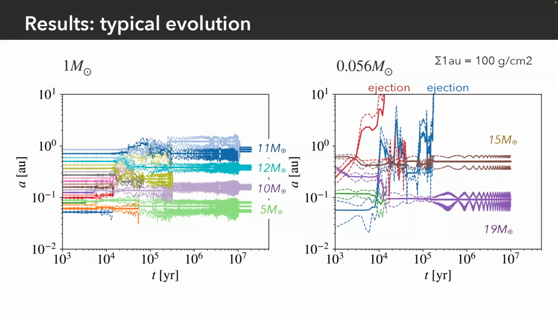First I explain the one solar mass case. There are many embryos, and the vertical axis is semi-major axis and the horizontal axis is time evolution. Initially the embryos cause orbital instability, collide with neighbors and grow, eccentricity is gradually pumped up, and finally 4 planets are formed, around 10 Earth mass, super-Earth mass.